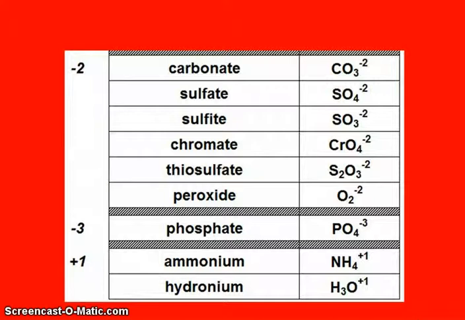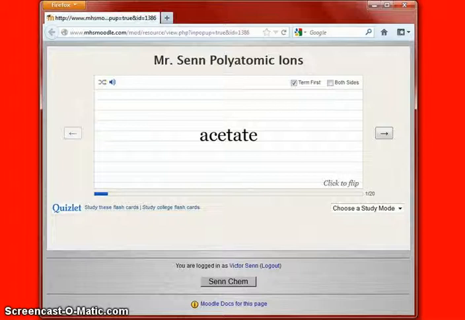Now, because I'm so super nice, also on the Moodle site, you can see that I created flashcards for you. So on the Moodle site, when you click on the polyatomic ion flashcards, this is what you'll see. You can look at them this way: acetate, click to flip, that's the formula. You can go to the next one, hypochlorite, click to flip, that's the formula.